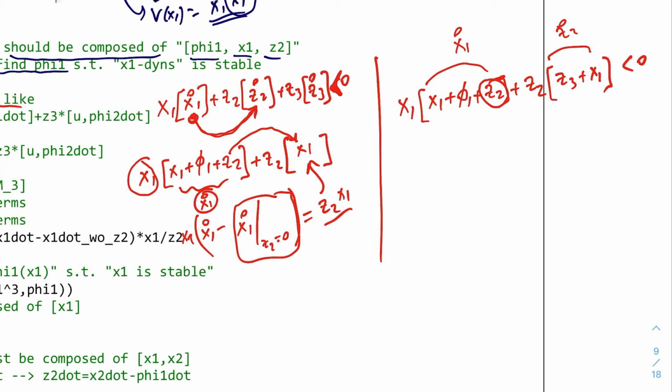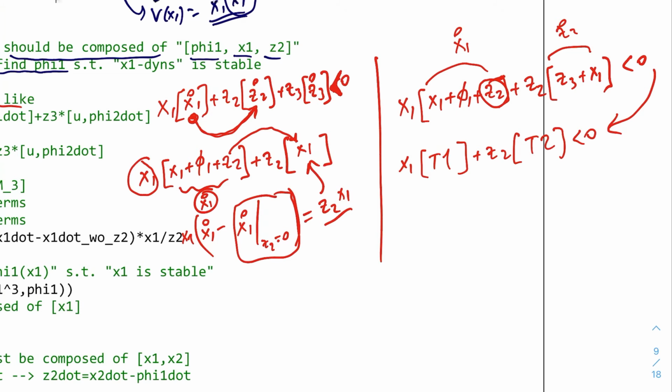We just don't want any z2 term in this parenthesis, and we want to have x1 term 1 plus z2 term 2. We need that type of form where term 1 doesn't have z2 in it.